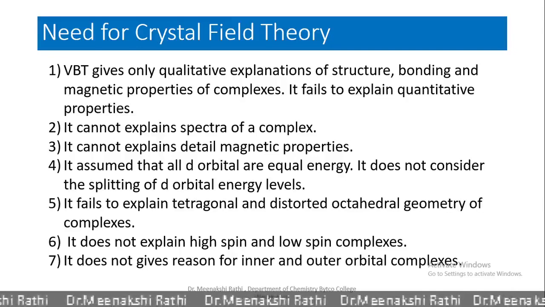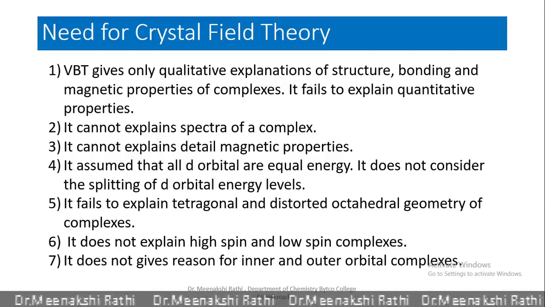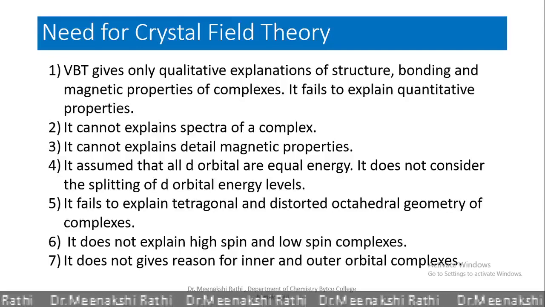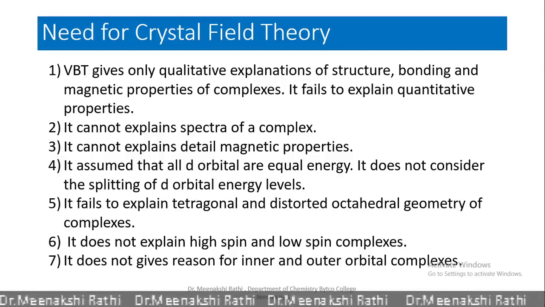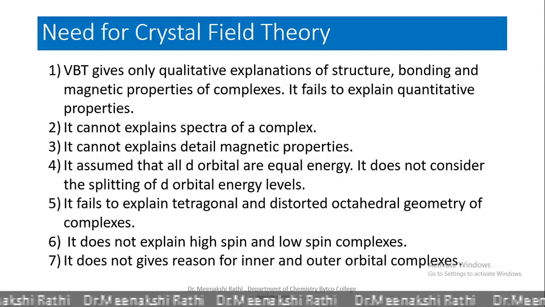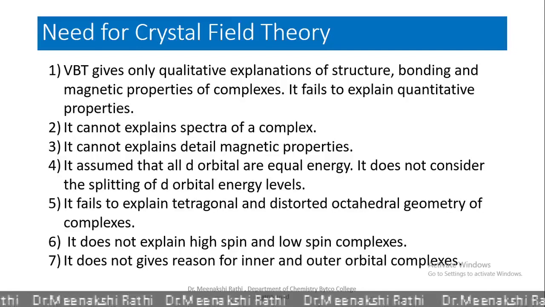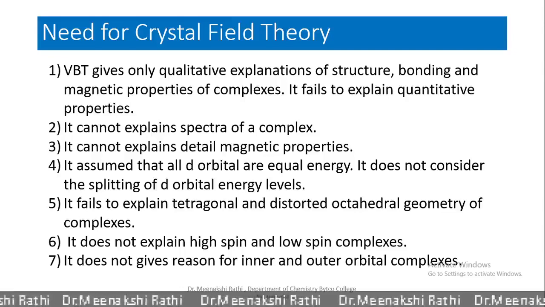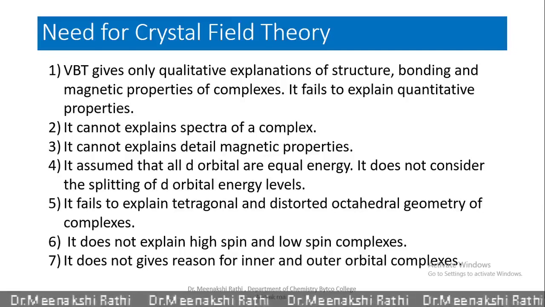VBT gives only a qualitative explanation of structure, bonding and magnetic properties of complexes, but it fails to explain quantitative properties. It cannot explain spectra of complexes as well as detailed magnetic properties.